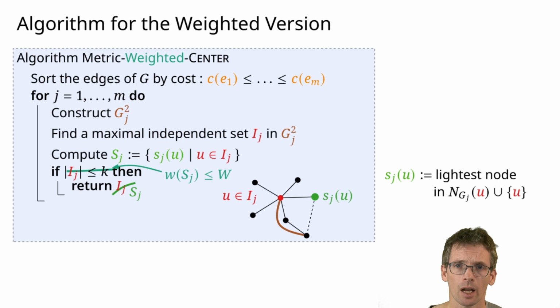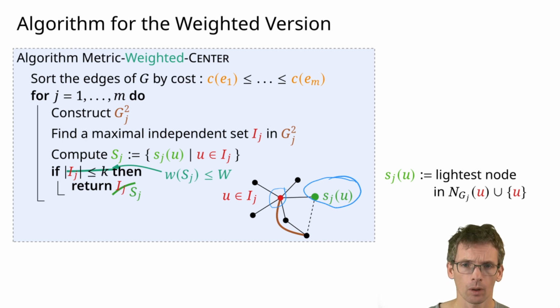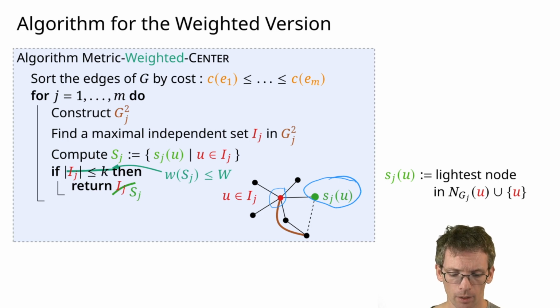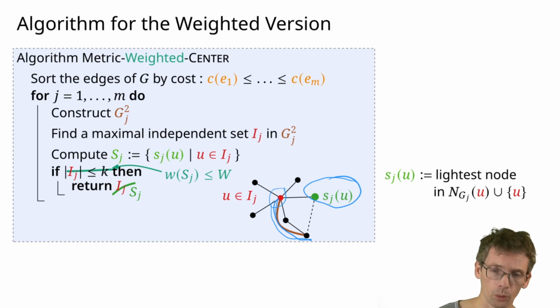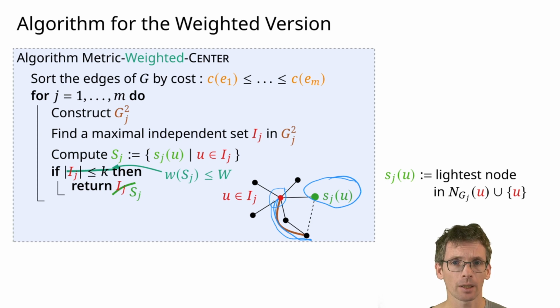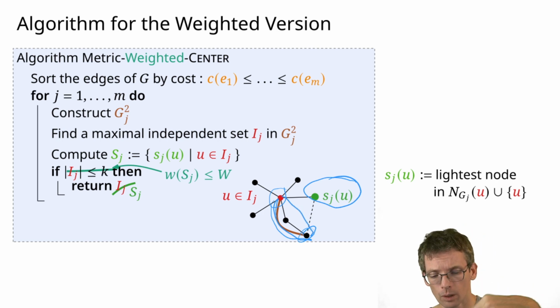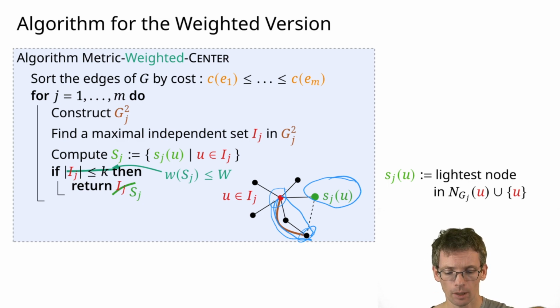To first argue the factor 3, what we had seen in the previous algorithm is that if we had taken U here, then in terms of the cost of the solution, we get a factor of 2, because any vertex is at graph distance at most 2 to such a vertex of the independent set, and therefore, using triangle inequality, the cost of the edge in the original graph from any such vertex to one of the U's is at most 2Cej.